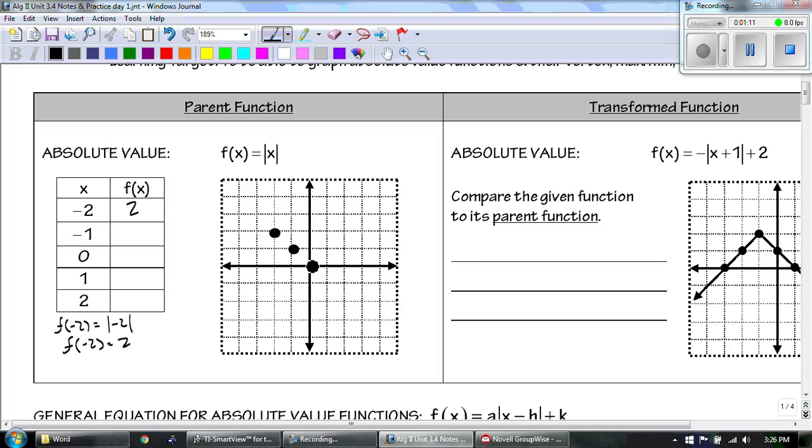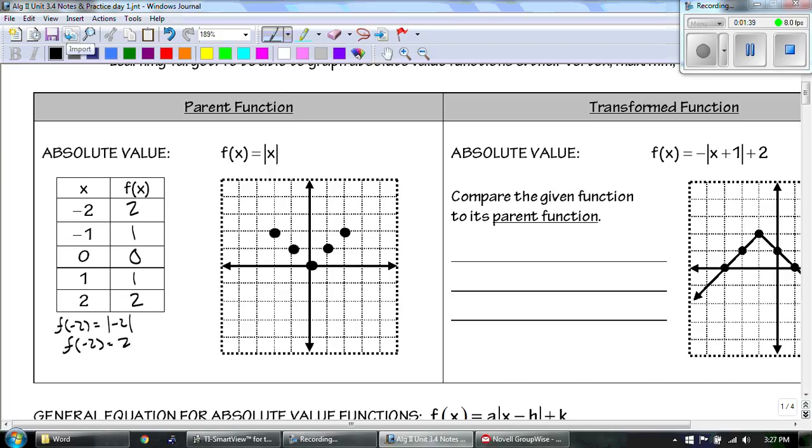The absolute value of 0 is 0. Sorry, I'm doing this kind of fast because you guys should know this. Now, the absolute value of 1 is 1. The absolute value of 2 is 2. And what do you notice about this graph? What does it make? Yeah, it makes a V.